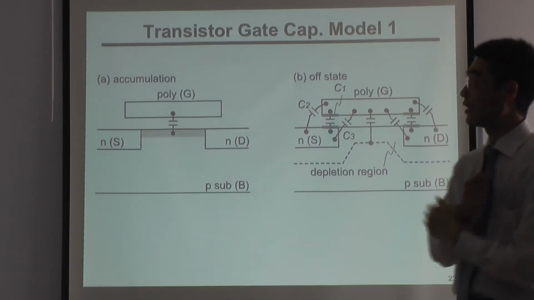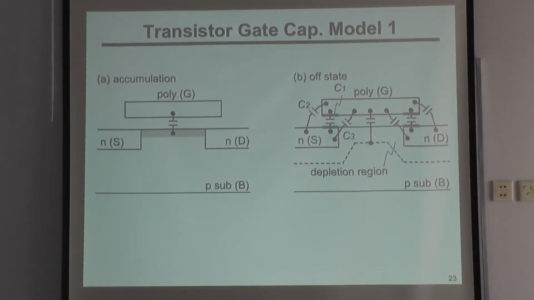The next one is transistor gate capacitance. Gate capacitance also has many varieties of capacitance models. For example, let's talk about the NMOS. When the gate poly is biased negative, there is an accumulation layer, and we have capacitance between gate and channel. In the off state, we have a depletion region like this.